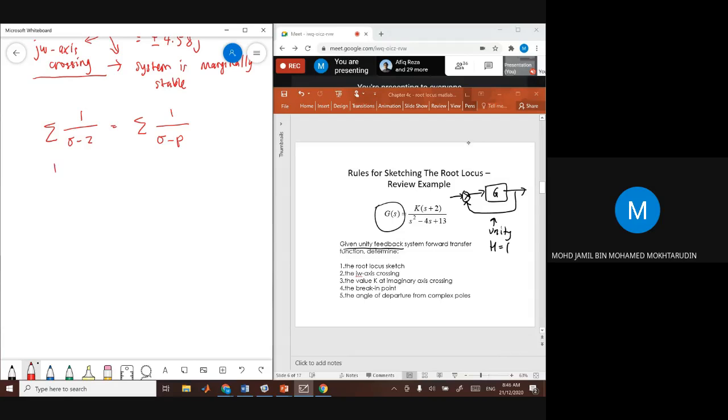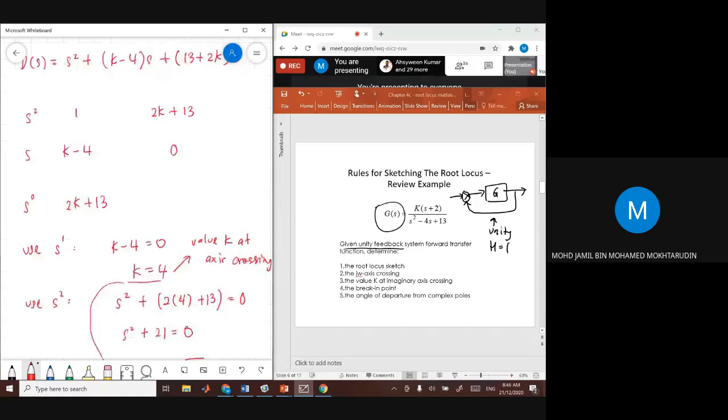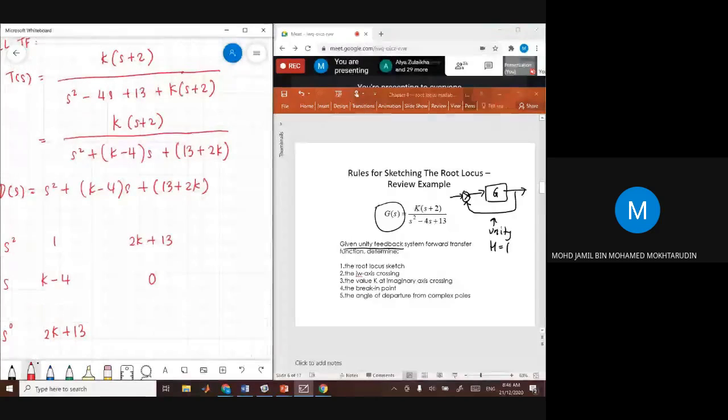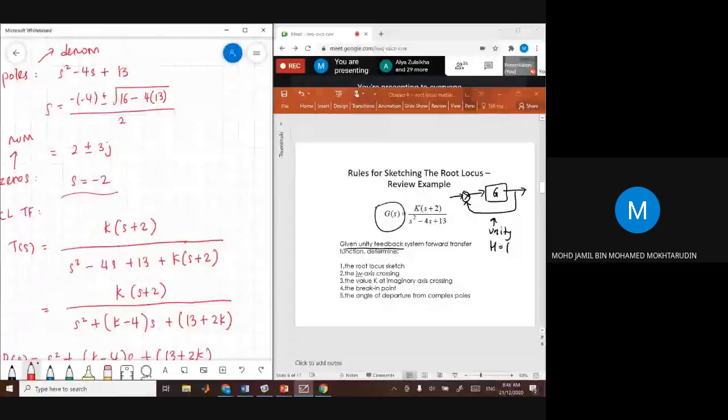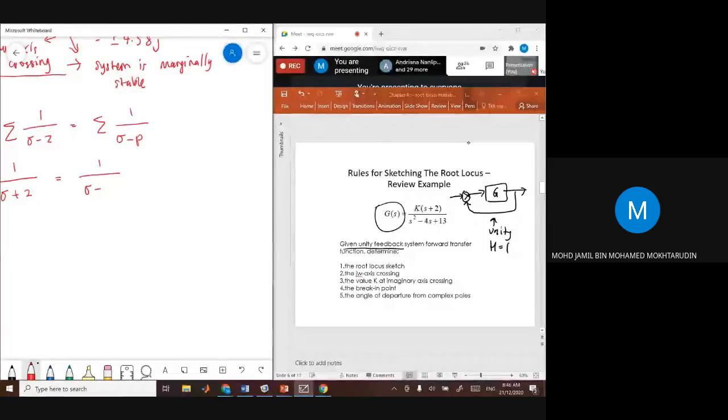Okay, so our zero is -2. So sigma plus 2 equals 1 over sigma minus 2 minus 3j plus 1 over sigma minus 2 plus 3j.